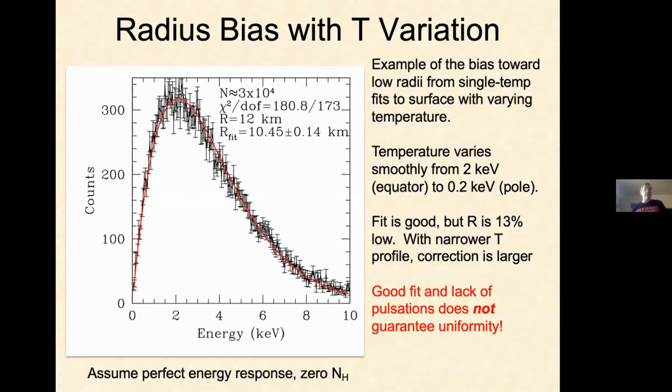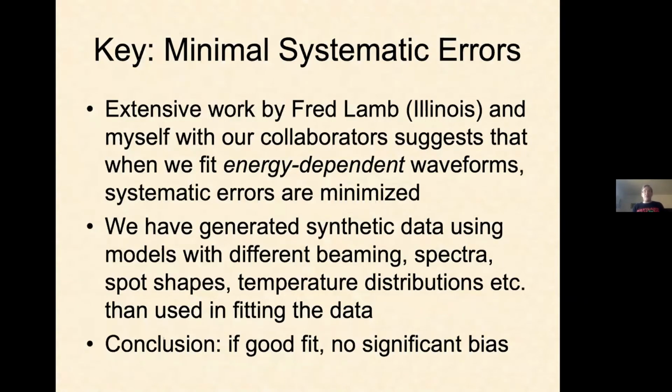We don't know whether the answers are right. We do know that we can have an apparently good fit and be very wrong in the statistical sense. This is ultimately the reason why many people have looked toward NICER as a way of getting more reliable answers, not just precise, but also accurate and therefore reliable.